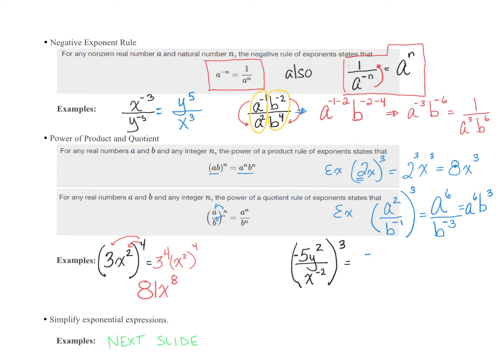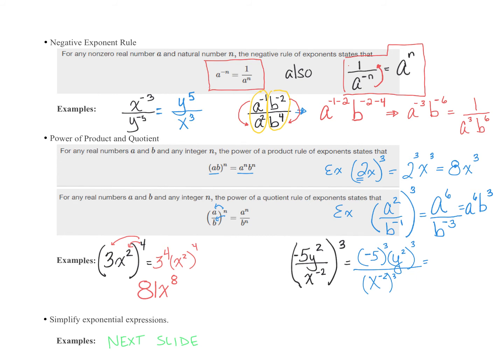So I'm going to get negative 5 cubed, y squared cubed, and x to the negative 2 cubed. Notice I'm writing it all out. I don't want to try to do things in my head.